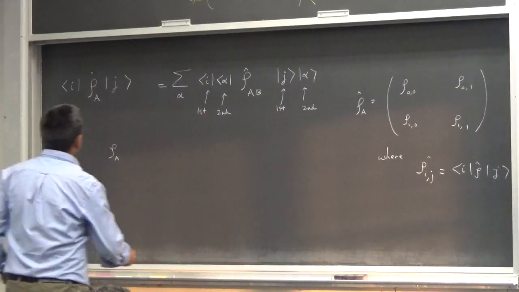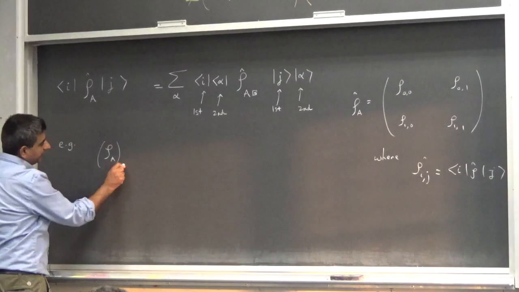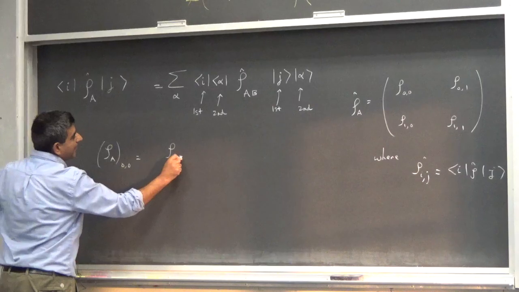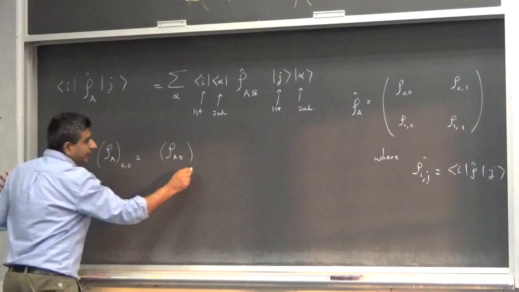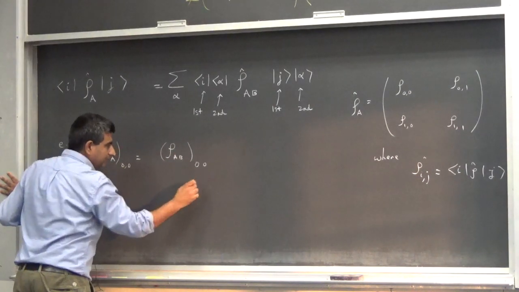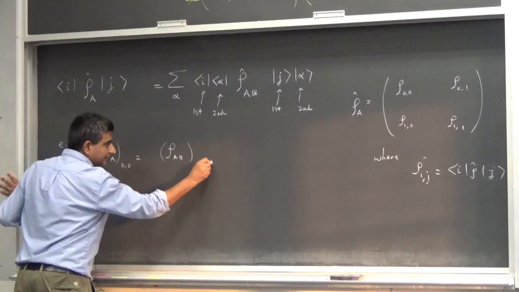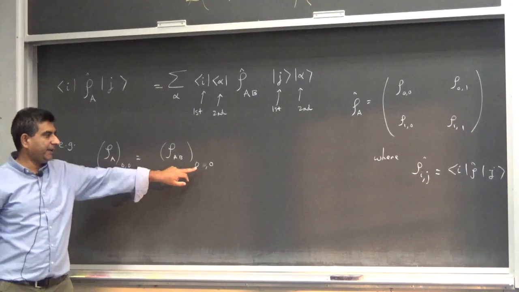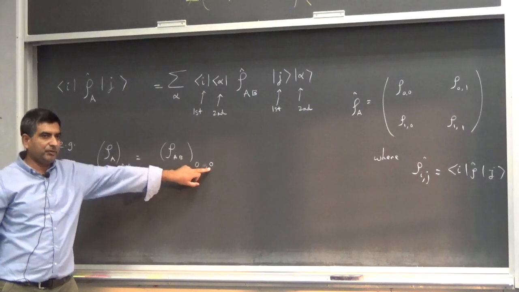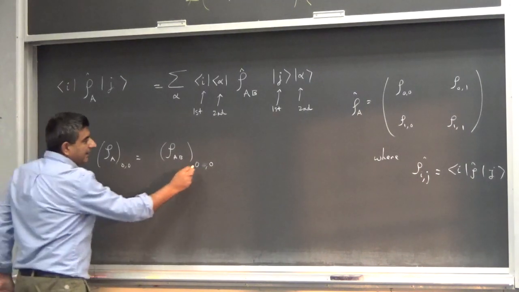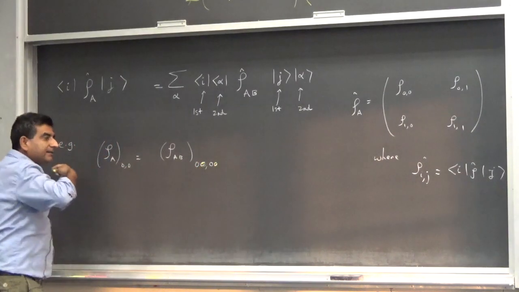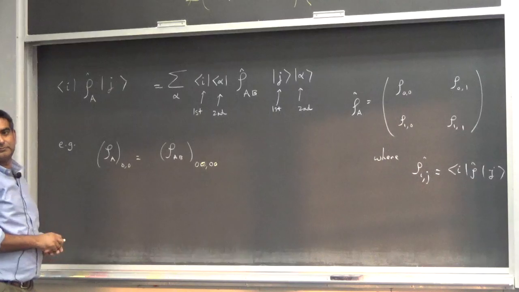Now what is my row 0, 0? 0, 0 will mean row AB 0, 0. So I keep the first qubits fixed in the row and the column, and for the second qubits I take the running sum.